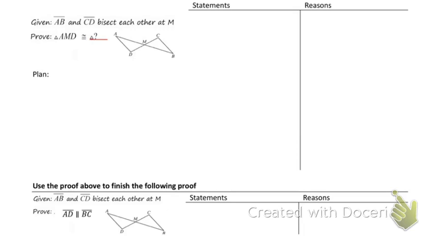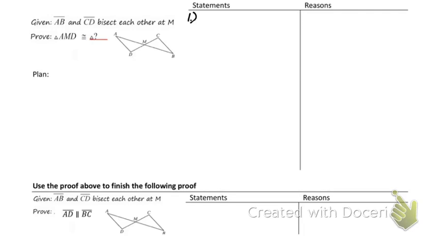To cut something perfectly in half. So if AB and CD bisect each other, each of these segments must be congruent to each other, because that's the definition of bisector. So before I do anything at all, I'm going to explain what that means and figure out if it's important later. So I'm going to write down my given.